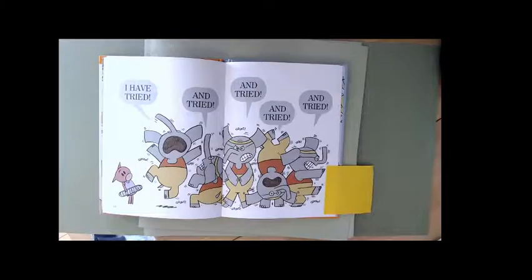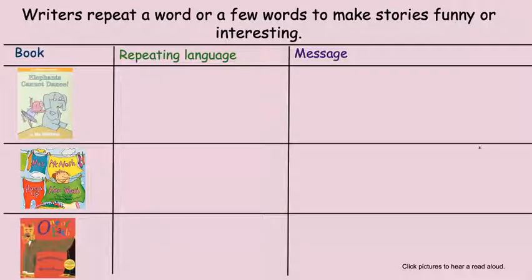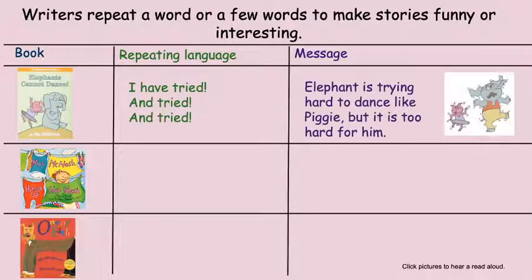Why do you think he does that? I have tried and tried and tried is the repeated language in this story. Mo Willems wants us to know that Elephant is trying hard to dance like Piggy, but it is just too hard for him.